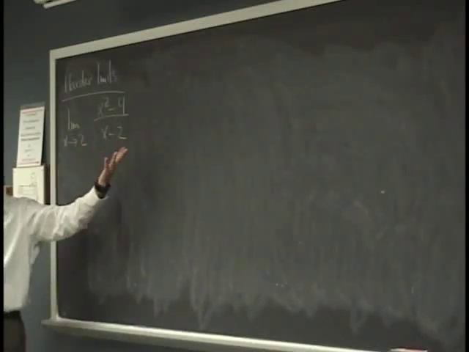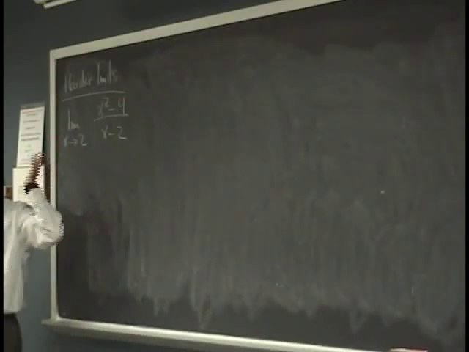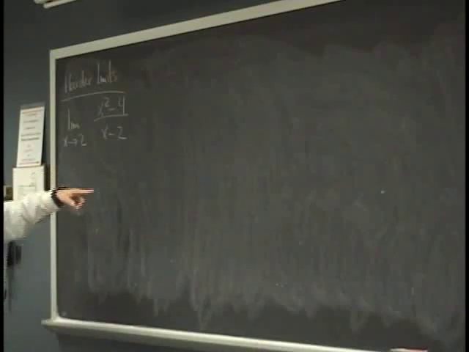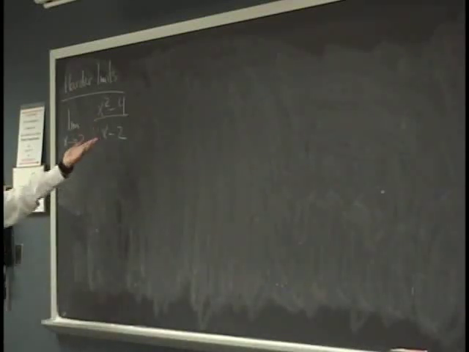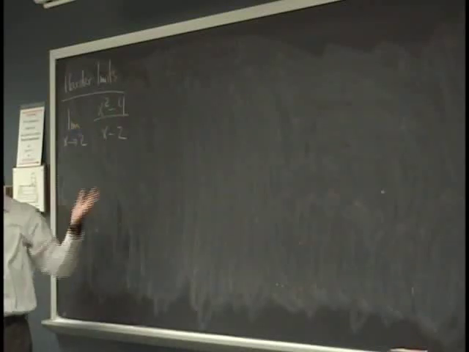This function is not defined at x equals 2. So you can't just plug in 2, right? This function is not continuous at x equals 2 because it's not even defined at x equals 2. So if I say find this limit and you say, oh, well, I normally just plug things in, it can't work, right? What will you get? If I just plug it in, I'll get 0 over 0.